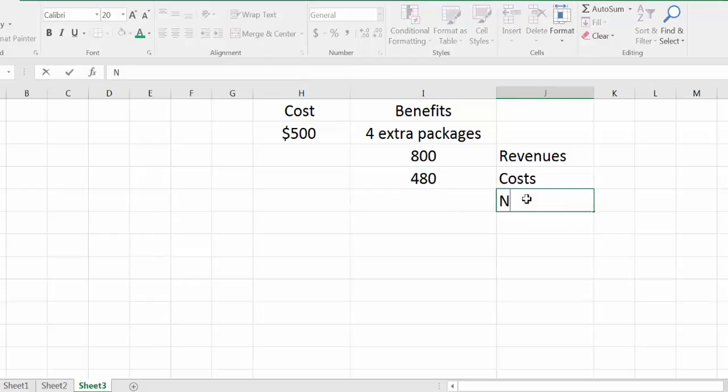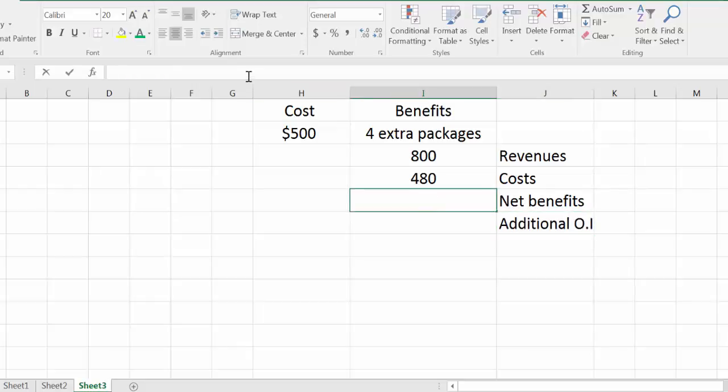Therefore, the net benefits, or you can call that additional operating income, is the difference between 800 and 480. So you can use 800 to subtract 480, and we're looking at 320 net benefits or additional operating income.